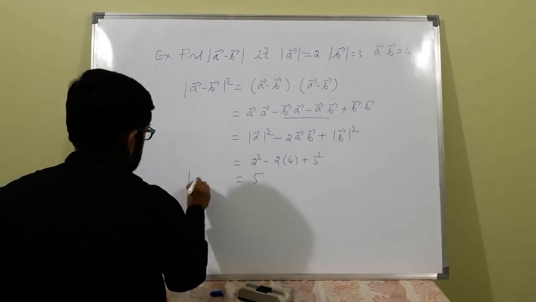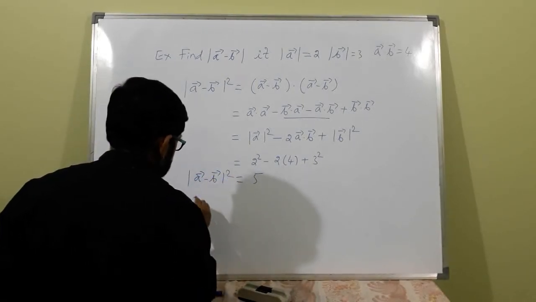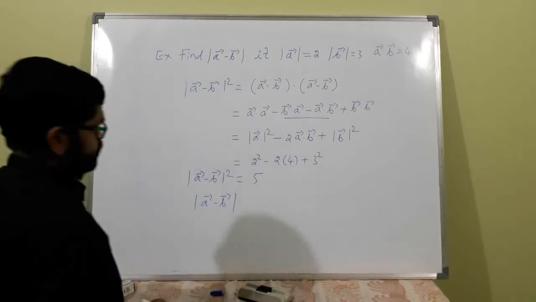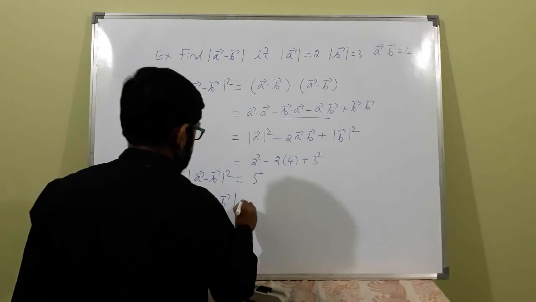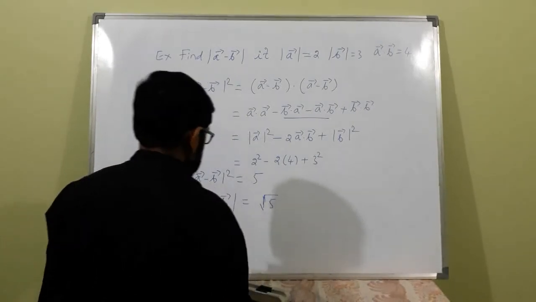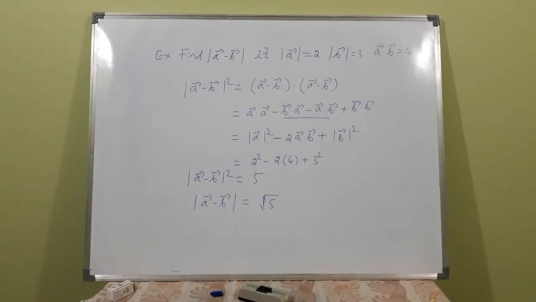So magnitude of A minus B whole square is 5, and magnitude of A minus B is root of 5. Since it is magnitude, you need not write plus or minus, only plus.